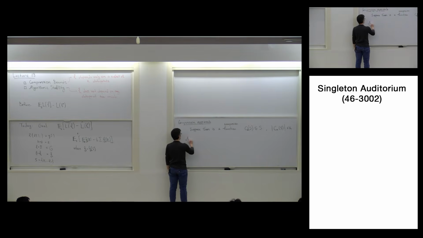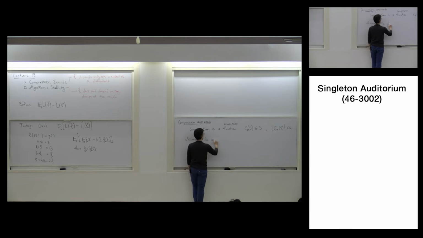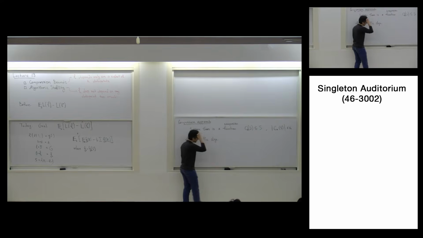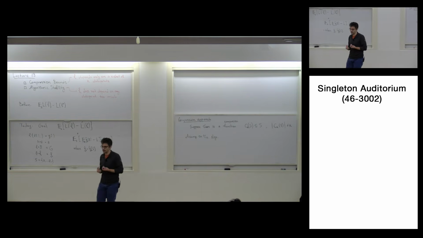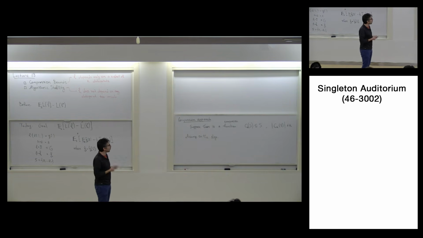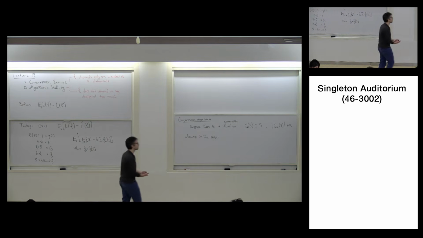So assumption on the algorithm. I want to codify the assumption that the algorithm really only depends on this subset. Okay? My algorithm, there exists a subset of the data, so that the algorithm only depends on this subset.